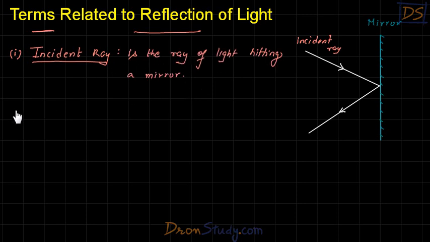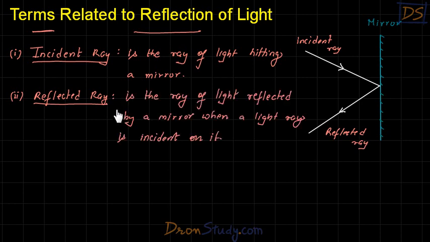Now let's look at the second term, that is called reflected ray. Again, it's a very simple term. The ray which is bouncing back is called the reflected ray. We can define reflected ray as the ray of light reflected by a mirror when a light ray is incident on it. Now the third term is point of incidence.